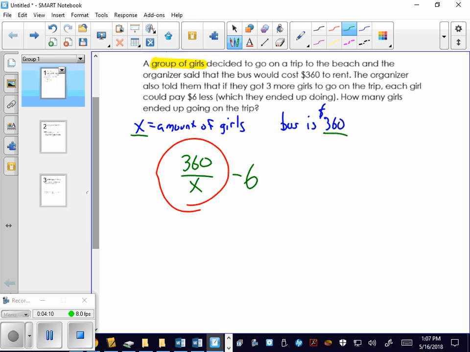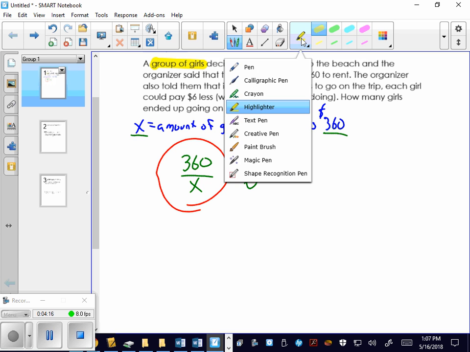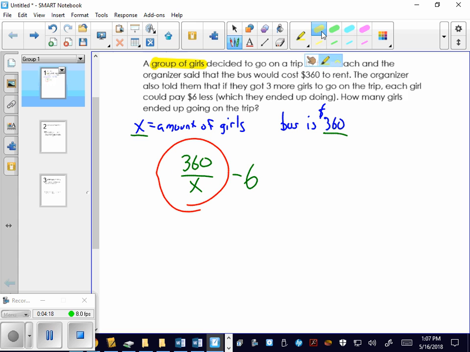So this whole expression is going to be the same thing as the amount of money that it's going to cost if we get 3 more girls to go.